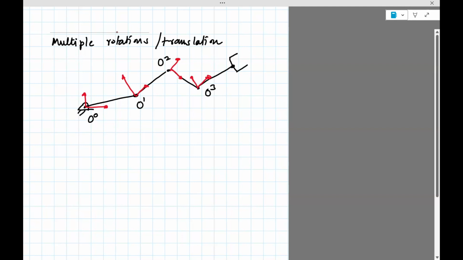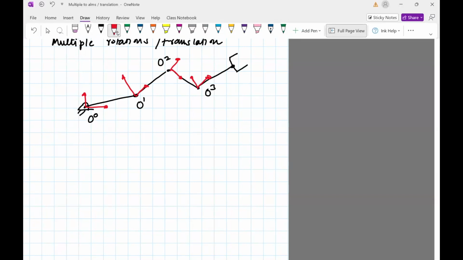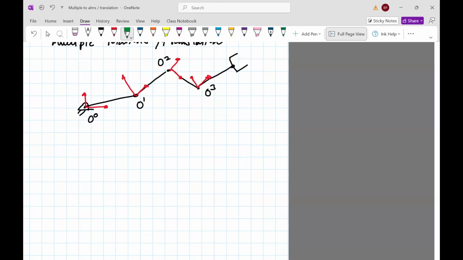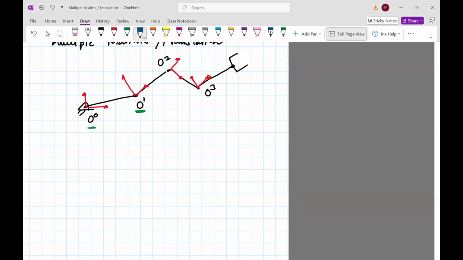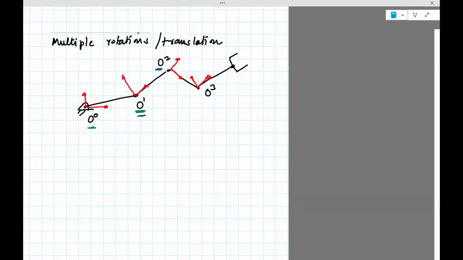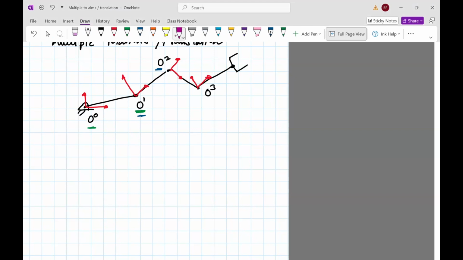Okay, so we've attached these frames. Normally the motion of frame 1 is described with respect to frame 0, and then the motion of frame 2 is described with respect to frame 1, because we specify the relative angle between frame 2 and frame 1, and then finally we'll have the motion of frame 3.